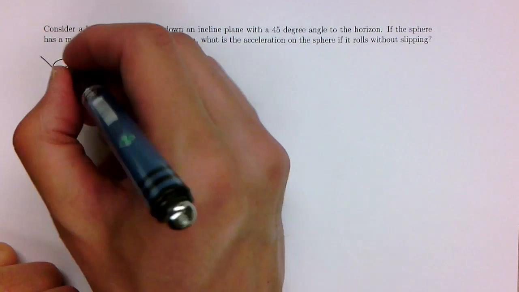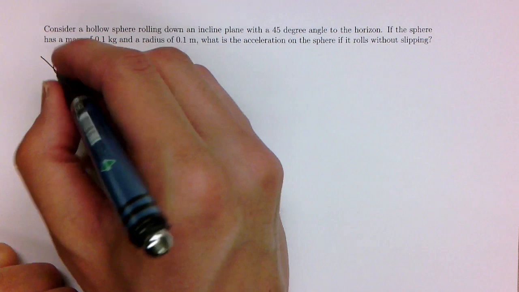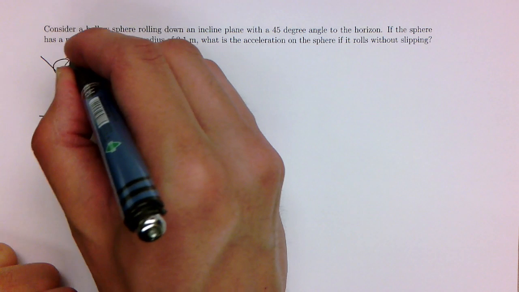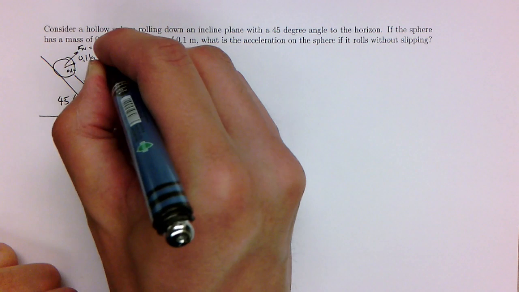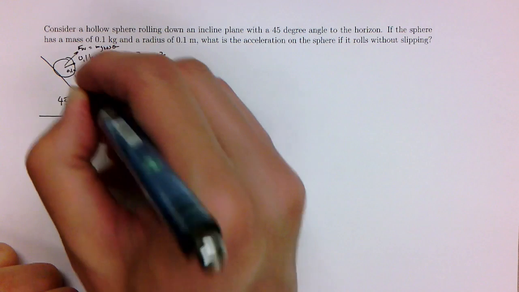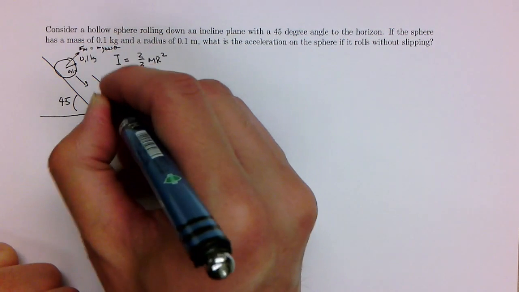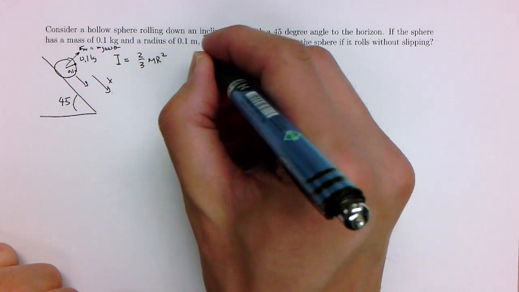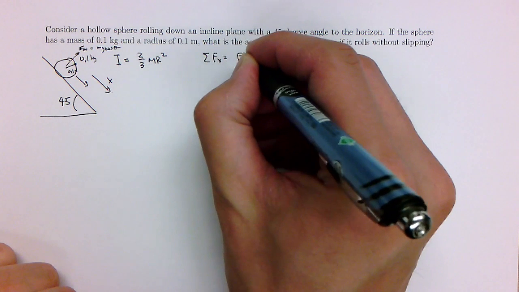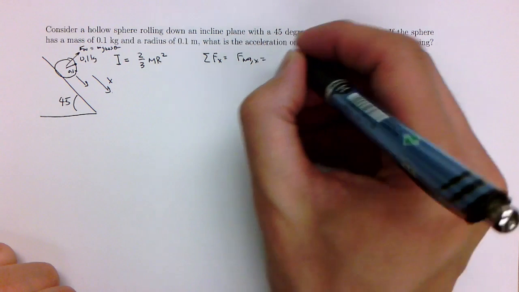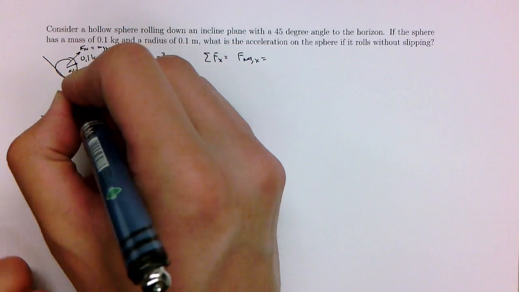Let's basically begin by writing down all the forces here. There's going to be a normal force on this object, which is going to be mg cosine theta, and then there's going to be the force in the x direction. Let's choose this to be our x direction. So the sum of the forces in the x direction, F net x, is going to be equal to, well, there's two forces here.